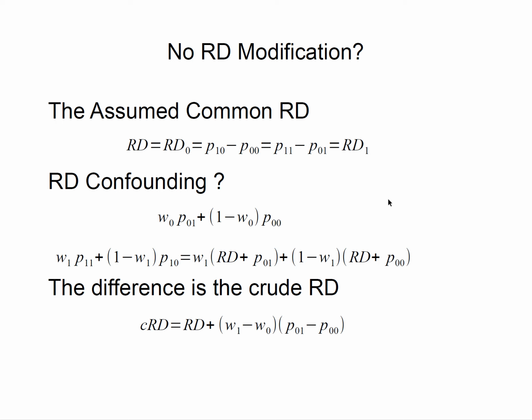We're thinking about those fractions as becoming weights, as I just said a moment ago. In other words, we weight the two stratum-specific probabilities for those unexposed by the fraction of the population among the unexposed that is in strata 1, and the fraction of the population among the unexposed that is in strata 0.